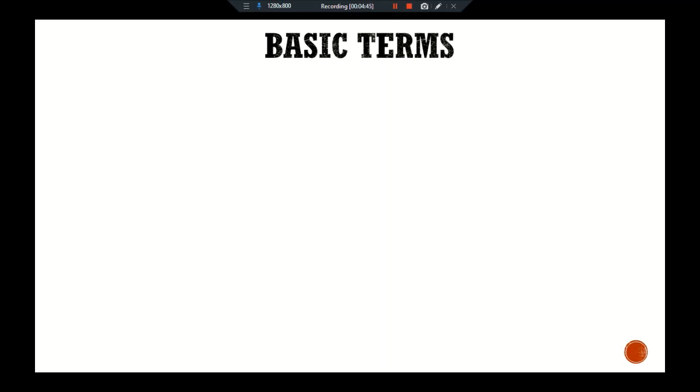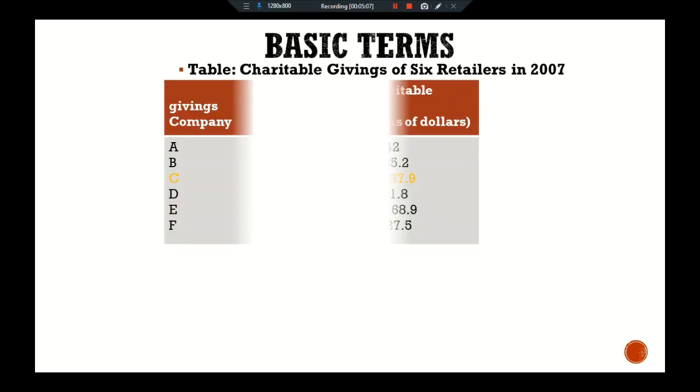An element and a data set we have somehow discussed in our previous few slides back. So here we have a graphical presentation for this purpose. We have here the charitable givings of 6 retailers in 2007.